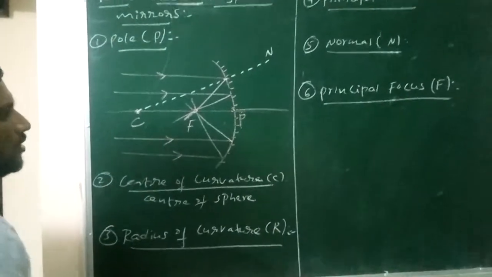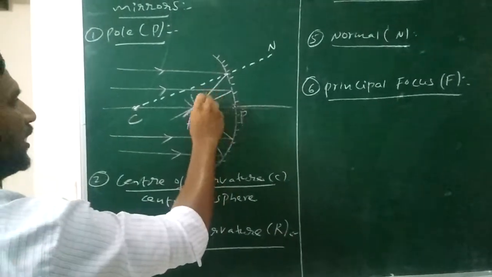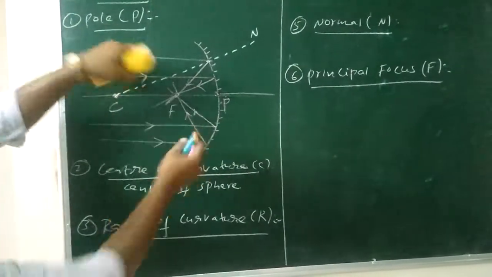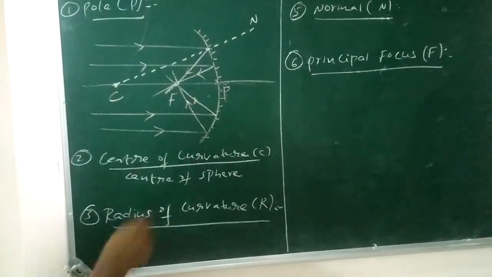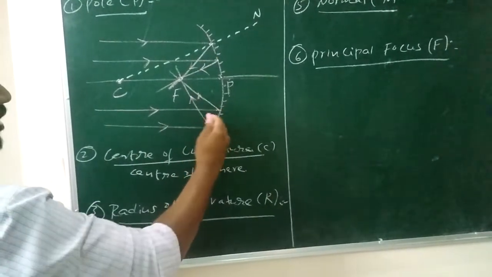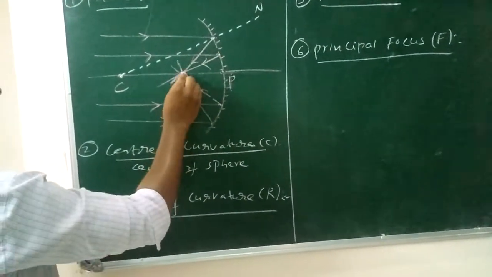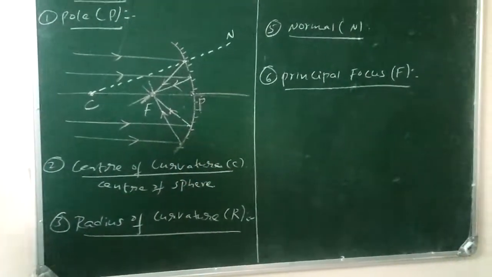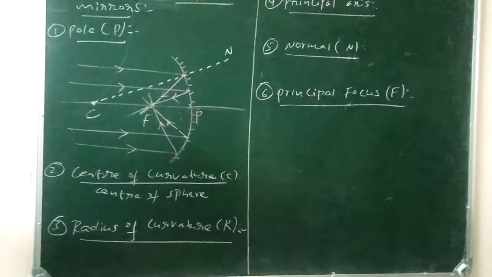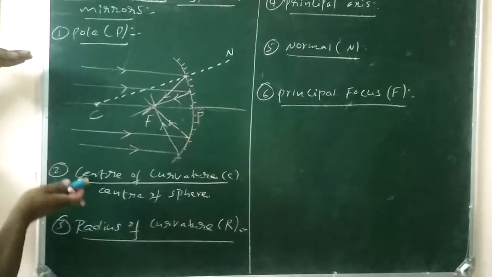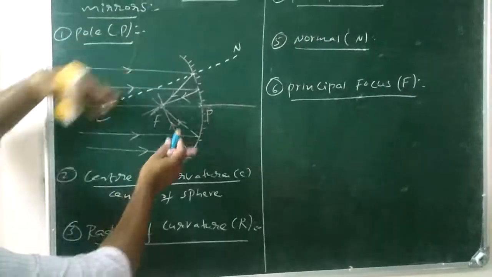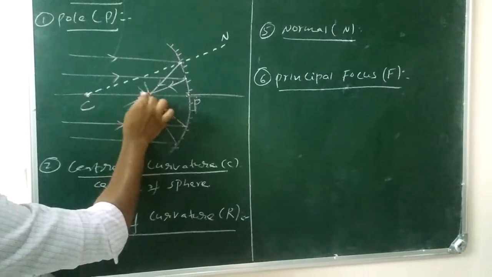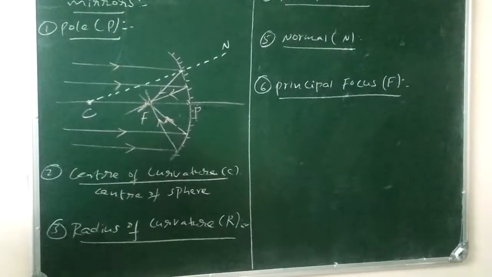It is a point on the principal axis where a beam of light parallel to the principal axis, after reflection, either actually meets or appears to meet. It is called the principal focus.